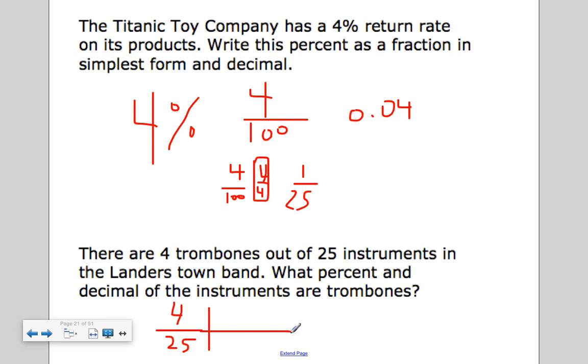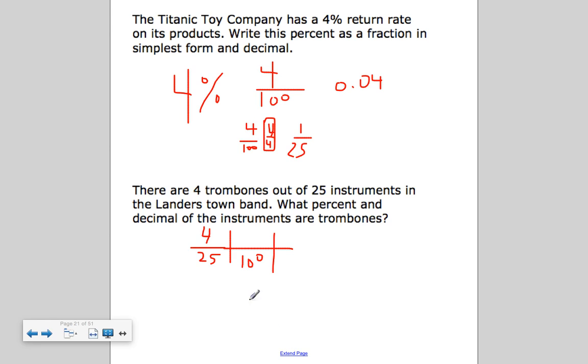If I made a ratio table, or you could do a proportion, how can I build 4/25 to 100? What can I multiply 25 by to get 100? I can multiply by 4. Multiply by 4. So that would be 16 hundredths.